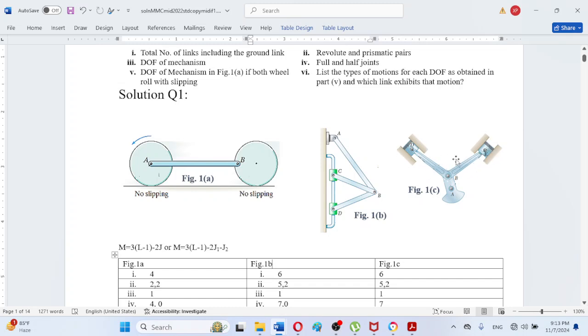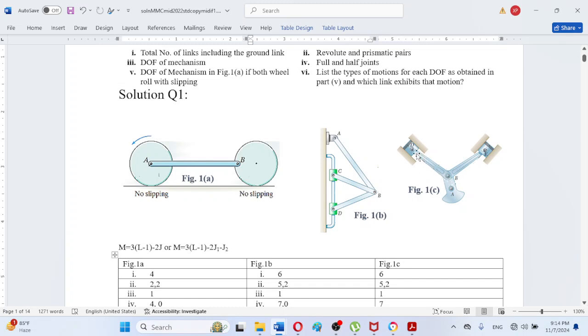So there are two revolute joints between each piston and the connecting rod, and as at point B there are three links connected, one is the crank AB and there are two connecting rods, DB and BE. So here the order of the joint concept is applied. So here are two revolute joints, in a similar manner to what we counted at point B in figure 1b.